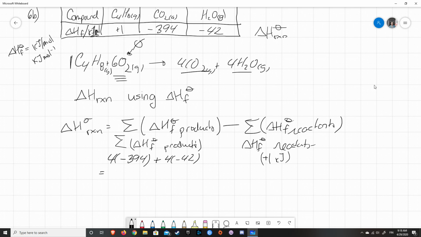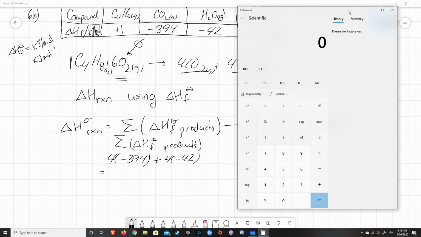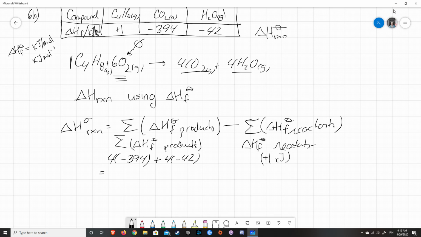So that's going to come out to be, or let's do this right here, 4 times negative 394 plus 4 times 42. Oh, this calculator does not work that well. I will get my other calculator.